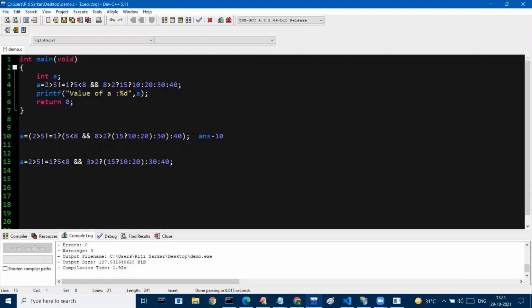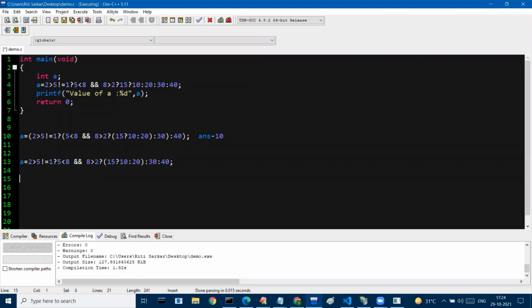If you consider this as expression 1, then obviously this will become expression 2 and this will become expression 3. As a result, this entire part will become the second operand of logical and. No, that is not the correct thing.